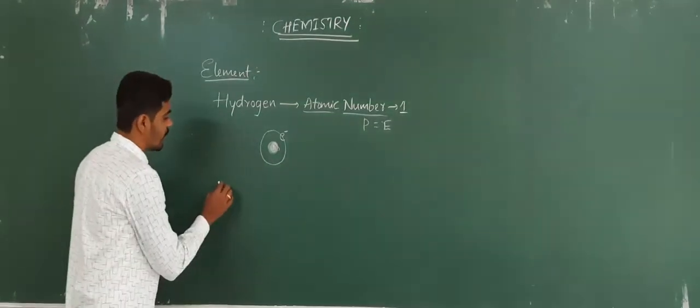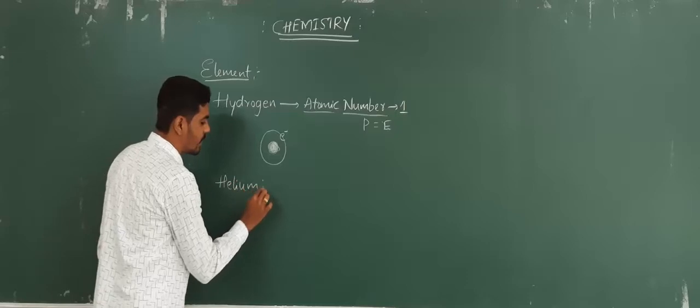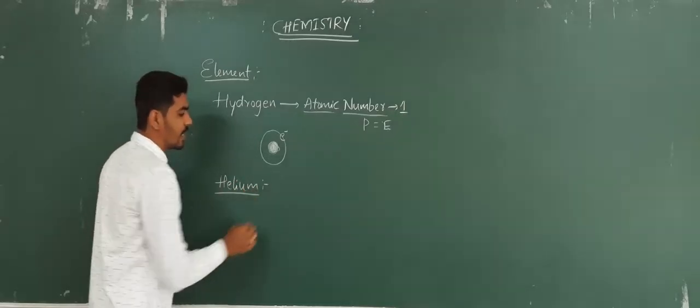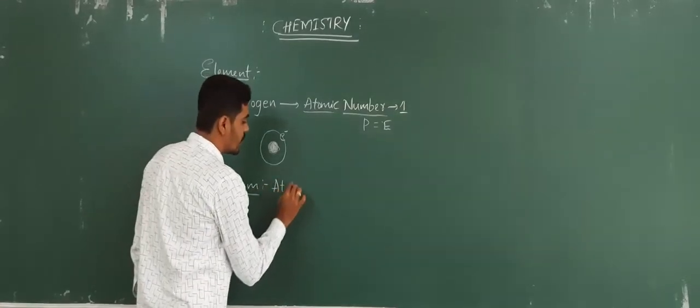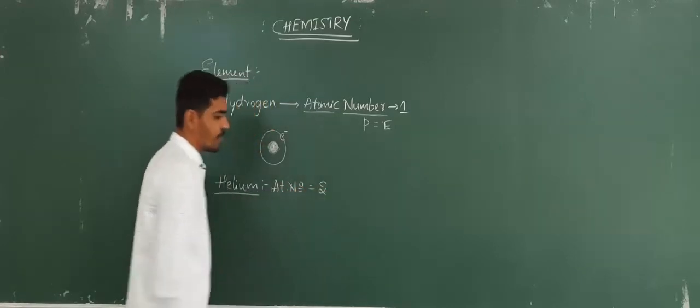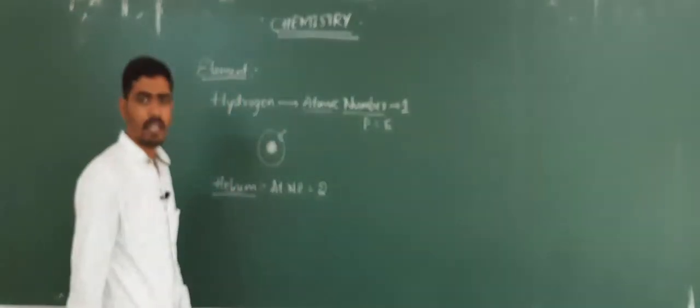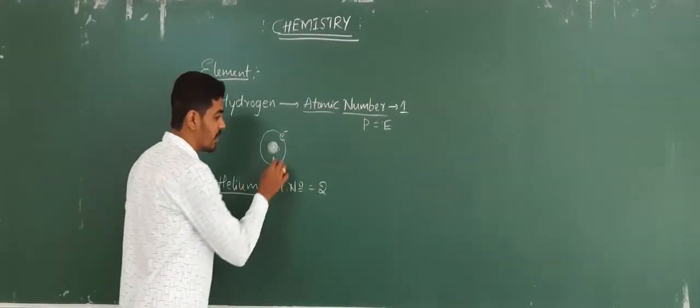Then if I consider helium, this is the second element in the periodic table and its atomic number is 2. The atomic number of helium is 2. That means 2 protons are present in the helium atom. How can we represent this?